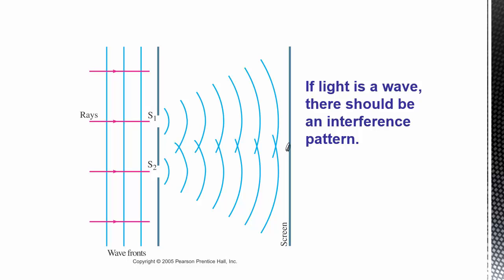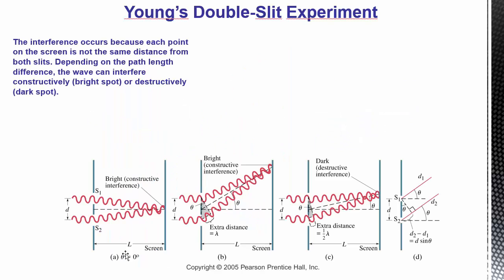And we can calculate pretty easily the relationship between the angle and where we are going to get a bright and a dark spot. The reason why we get this interference is because the paths of the waves sometimes are the same length and sometimes they're different lengths. So we're assuming that the light incident on the slits had the same frequency, so the light coming through both slits was the same frequency and was in phase, or in sync, when it went through the slits.